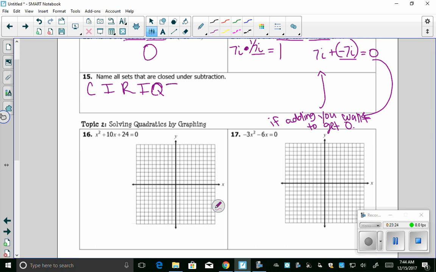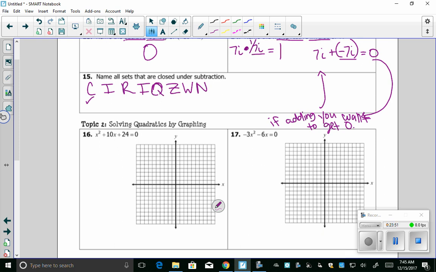Then we have integers, whole numbers, natural numbers. Okay, these are all the sets that we could get as an answer. So if I have a complex number, 3 minus 2, and I subtract them, I'm going to get 1. 1's still a complex number, so that checks out.